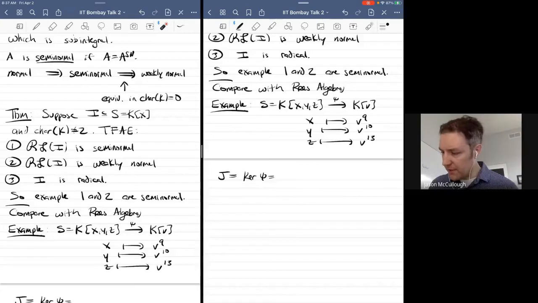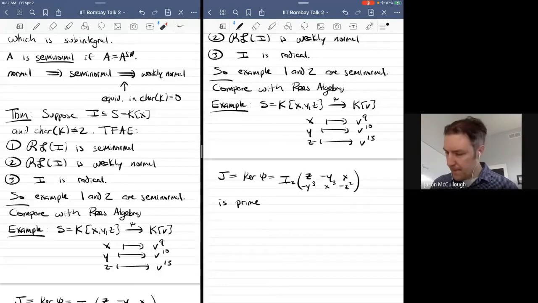So you can check that this is the ideal of 2 by 2 minors of the following matrix. So it's prime, and hence radical. So that means if I were to take its Rees-like algebra, it would be semi-normal.